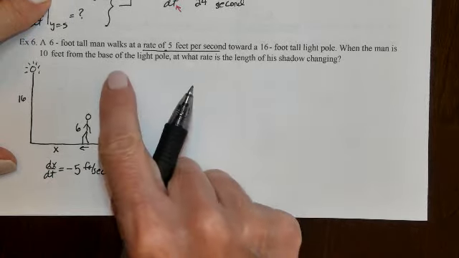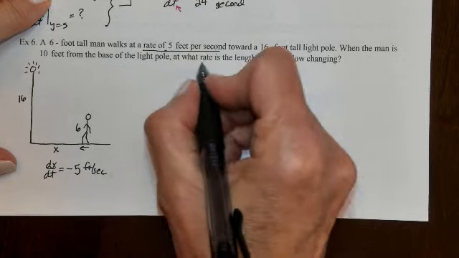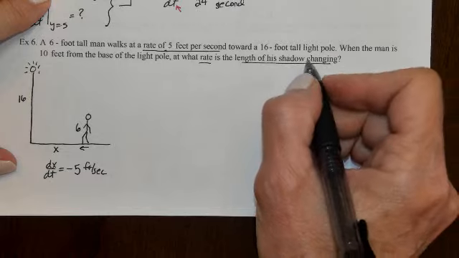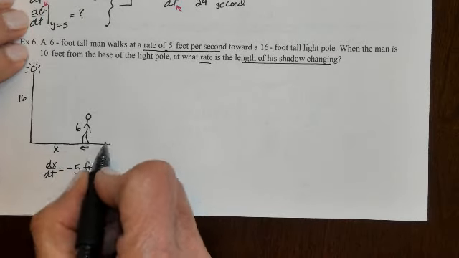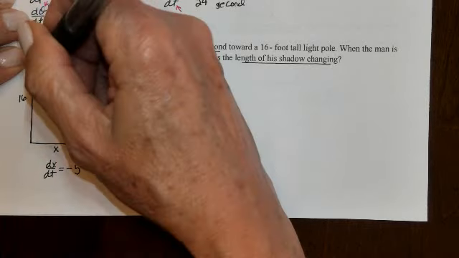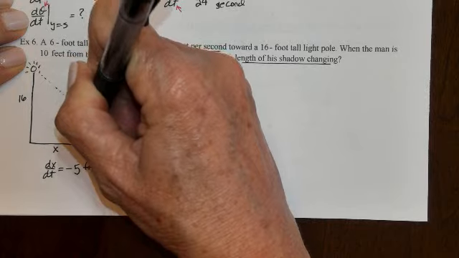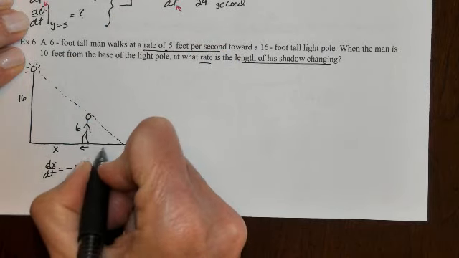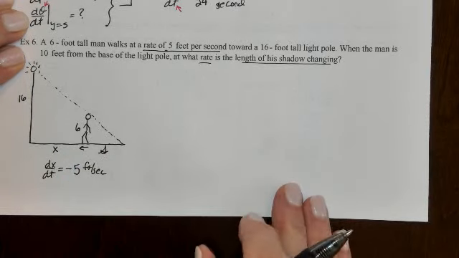When the man is 10 feet from the base of the light pole, at what rate is the length of his shadow changing? Do you agree that he is going to have a shadow, and the shadow is going to be falling behind him because the light is coming like here. So his shadow, I'm going to write a little cursive s, otherwise my s's tend to look like 5s.